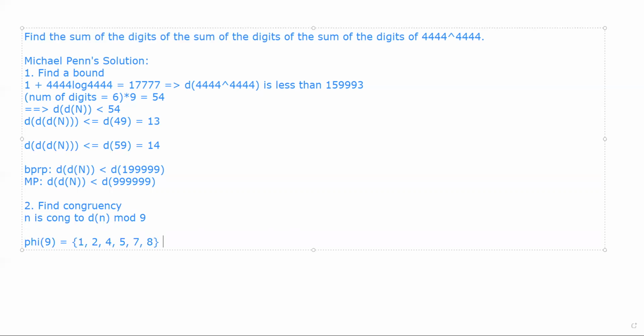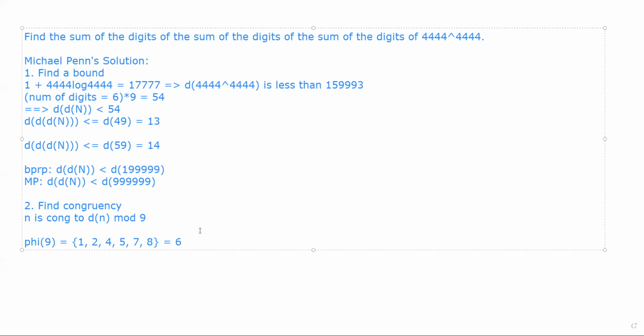He was looking for the number of numbers between 1 and 9 that had a greatest common divisor of 1 with 9. He didn't include 3 and 6 because their greatest common divisor with 9 is 3. So there are 6 numbers between 1 and 9 where the greatest common divisor with 9 is 1.